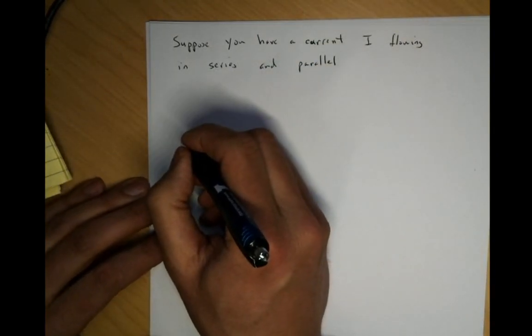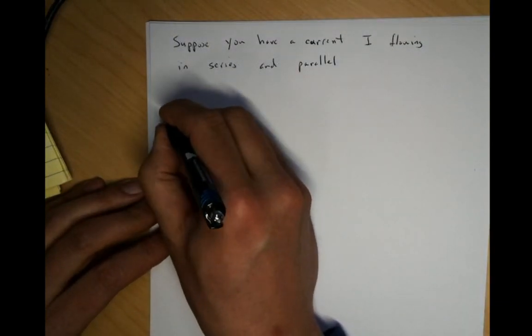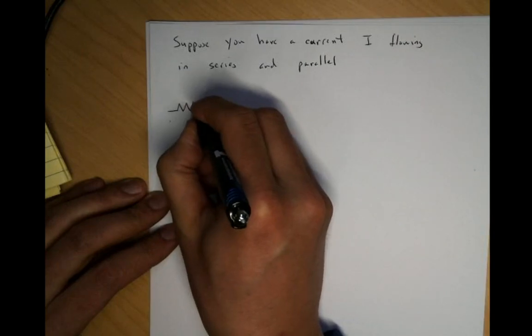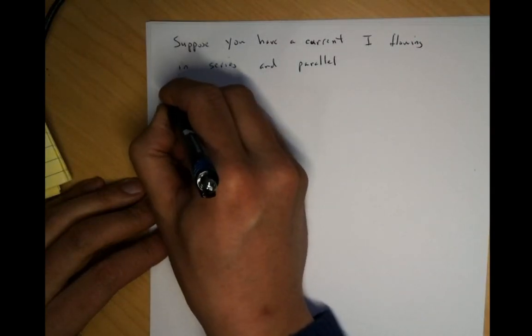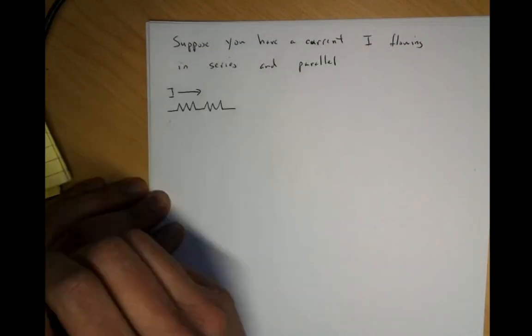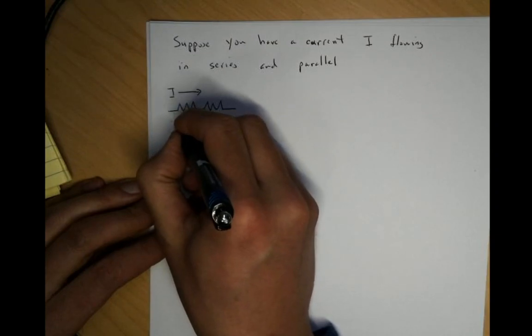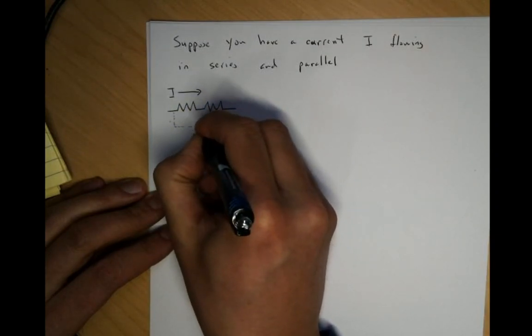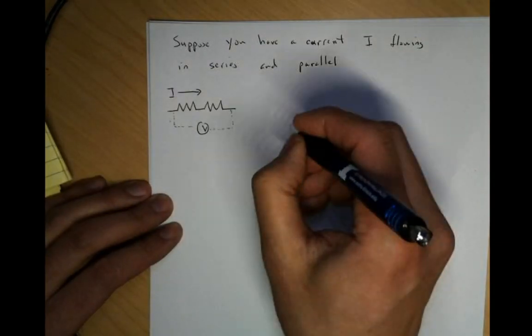In this case, we have this thing, then this thing again, and then I just flows through the entire circuit from A to B. We can attach a voltmeter here to measure the voltage across that.